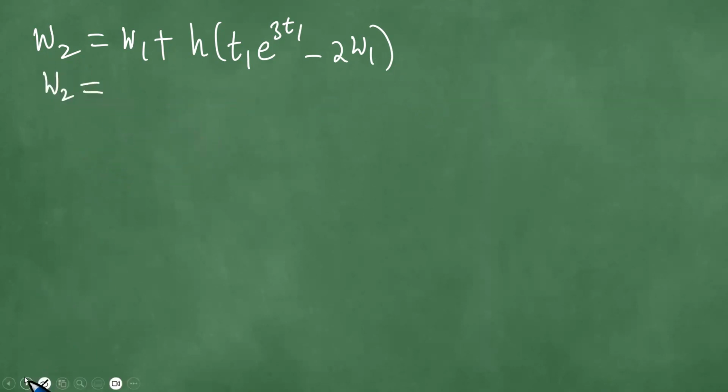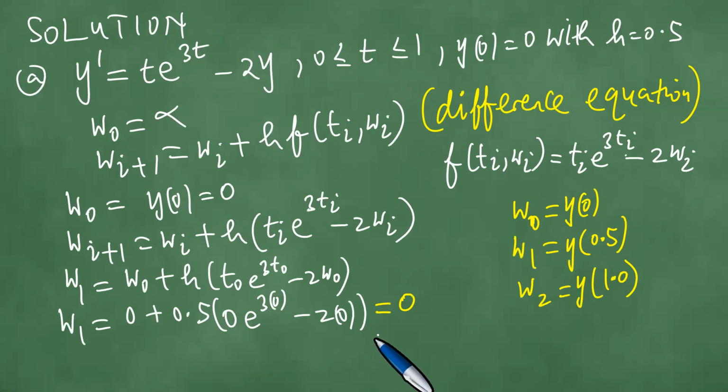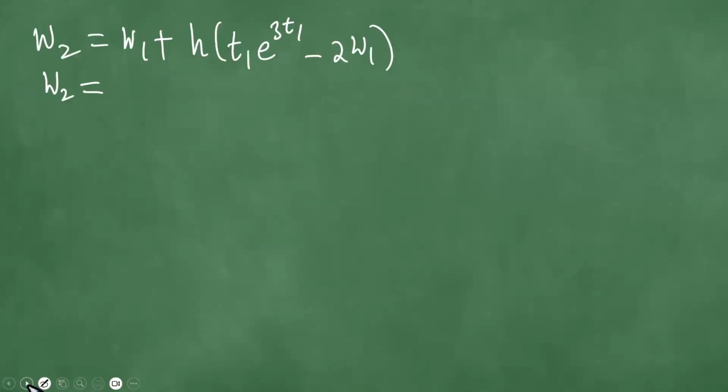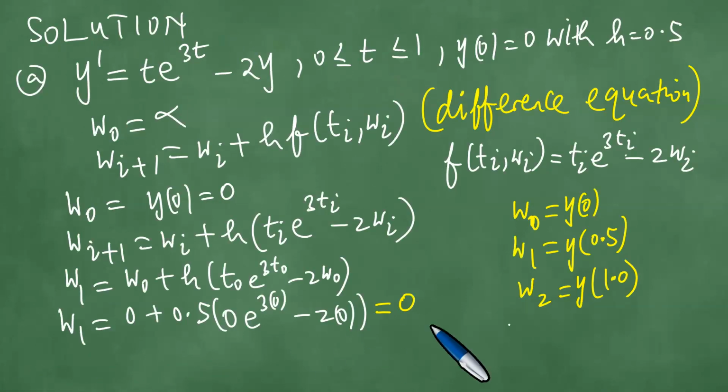What is W1? We got W1 to be 0 in this question. It is clearly 0. H for this question is 0.5, and T1 is 0.5.